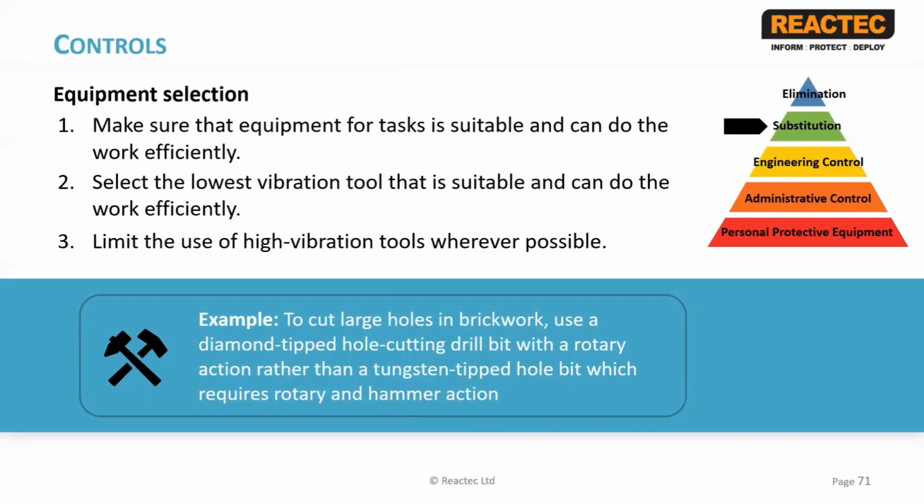So you need to select the lowest vibration tool, but it is still suitable and capable of doing the work efficiently. And always limit the use of high vibration tools wherever possible. The example shown here is in cutting large holes to use a diamond-tipped hole cutting drill, and that will, with a rotary action, be preferred over a tungsten-tipped tool, which would require rotary and hammer action.